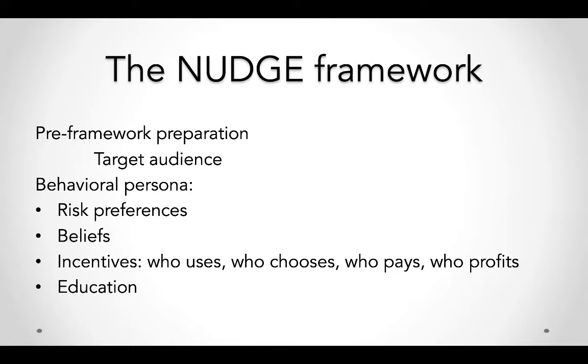They miss the behavioral part of a target audience, something that we call a behavioral persona, where in addition to the demographics and other things that we have for a target audience, we have to add the target audience's risk preferences, beliefs, incentives, at least the 4 questions we talked about, education, and this will give us an idea of who the behavioral persona is that we're dealing with.